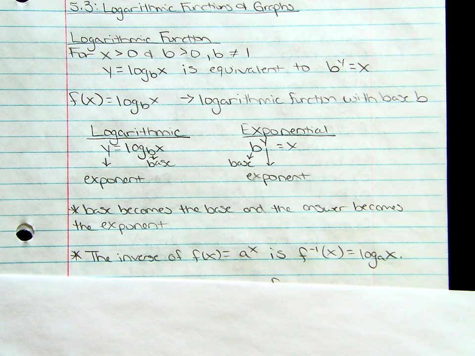And then the second star says the inverse of your exponential is your logarithm. And the flip of that would also be true. The inverse of your logarithm is your exponential. And remember from previous sections that when you are inverses of each other, what happens is we flip our x and y values. So if you can graph the exponential equation, then you can graph the inverse simply by switching your x's and your y's.